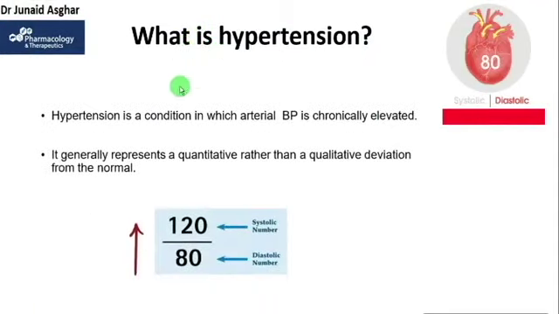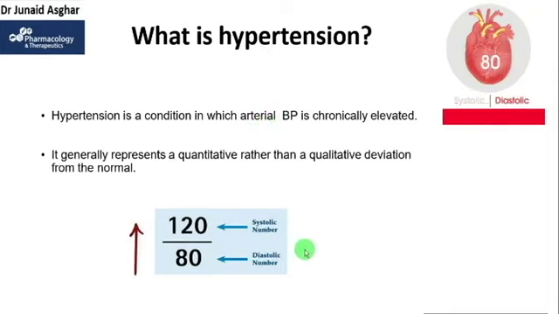What is hypertension? Hypertension is a condition in which the arterial blood pressure is chronically elevated. By chronic elevation, I mean when it is elevated for a long time. Now, in general, arterial pressure refers to the pressure measured within the large arteries in the systemic circulation.